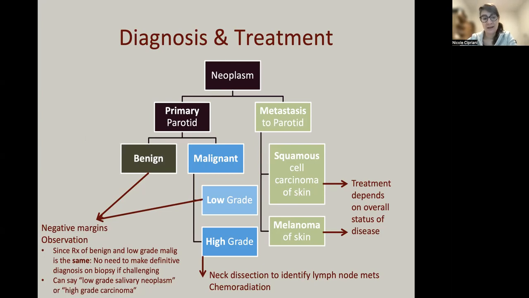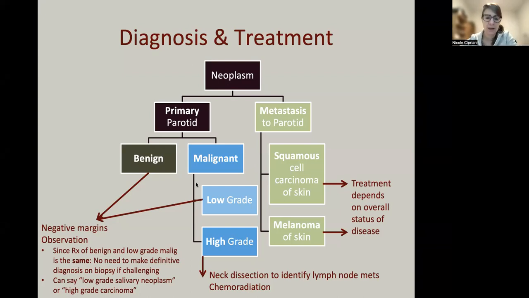They're not going to get a neck dissection at the time of surgery. They are going to get, hopefully, a margin clearing surgical resection for whatever it is, and pause there and wait for the final. So in most cases, that will be enough, right? In most cases of a low-grade salivary neoplasm, whether it be an adenoma or a low-grade carcinoma, that is enough.